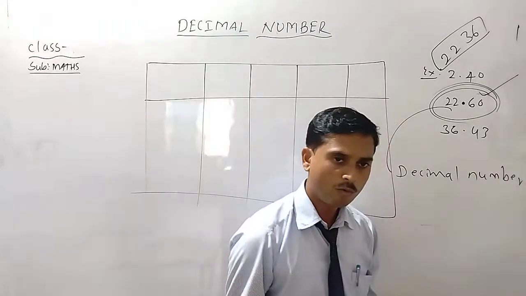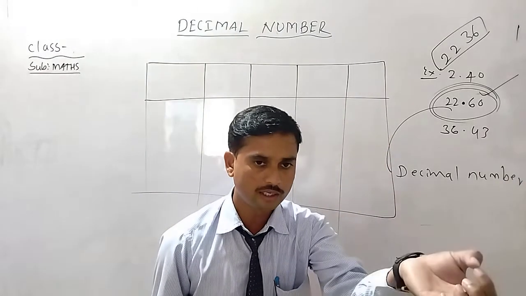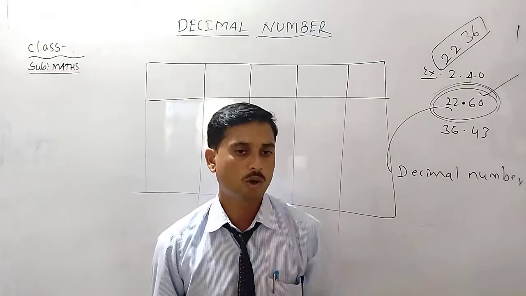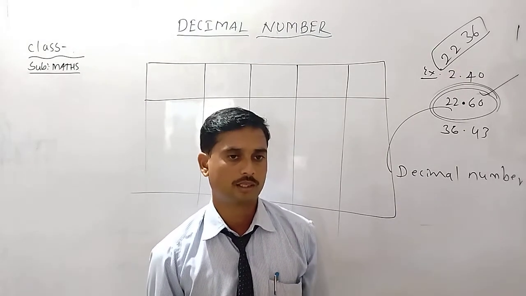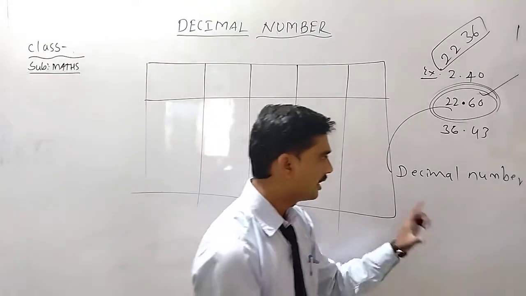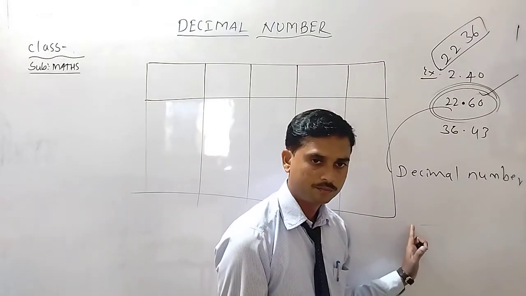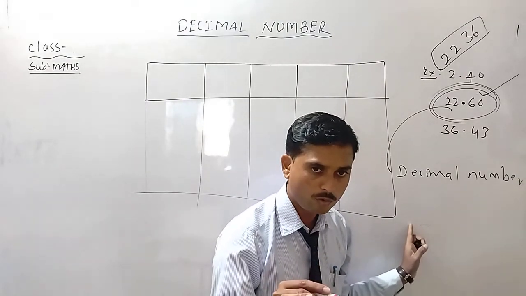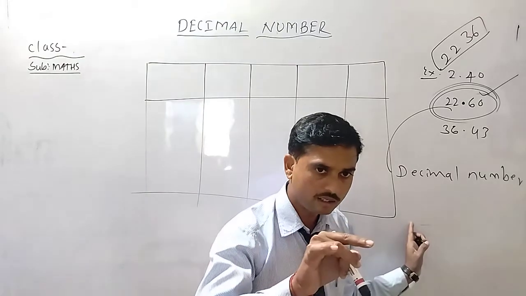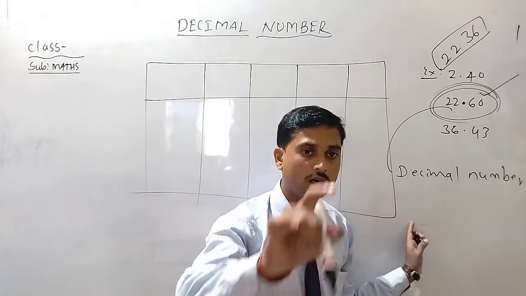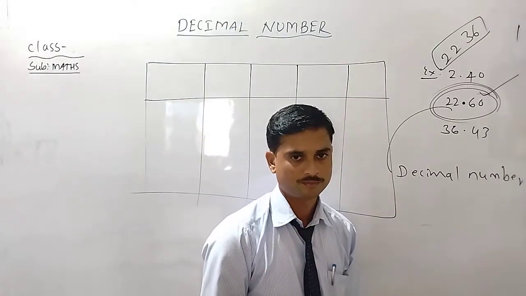Which numbers have a decimal point, those numbers we call decimal numbers. It is very, very important.